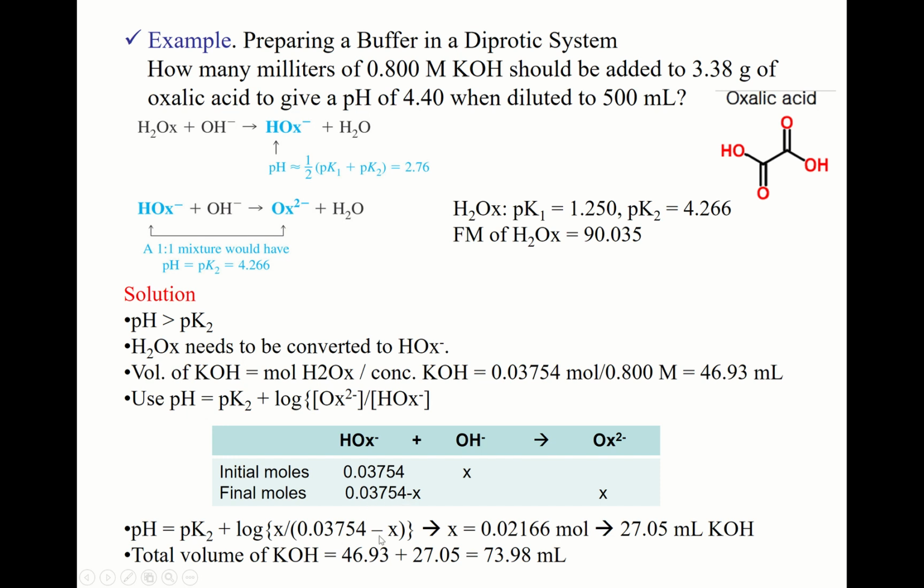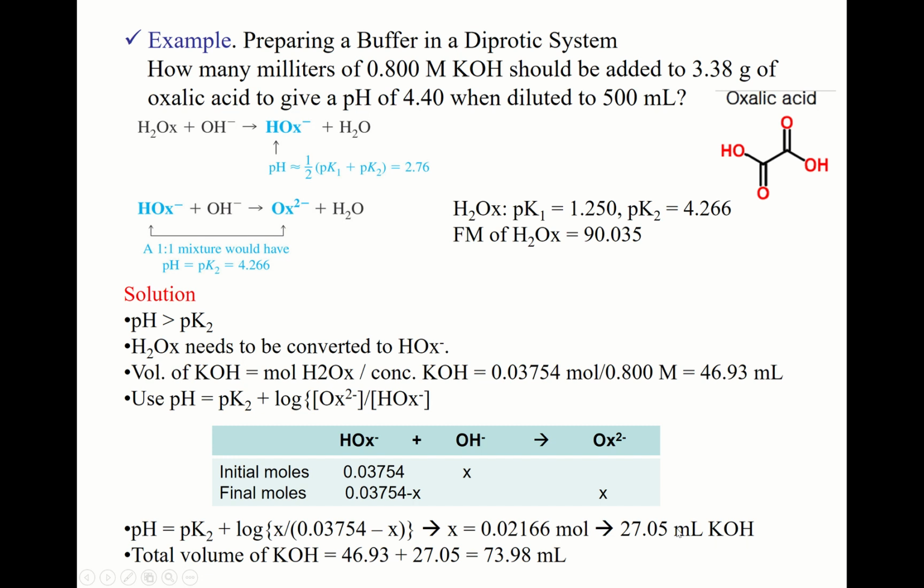We solve this for x, and we get x is 0.02166 mole. Then what's the volume? We divide by the concentration of 0.8, and we get 27.05 milliliters of potassium hydroxide.